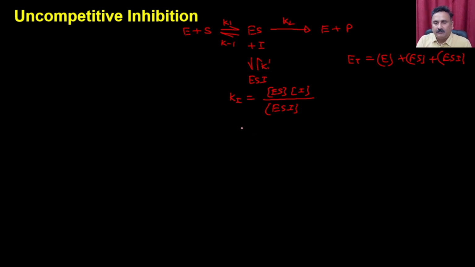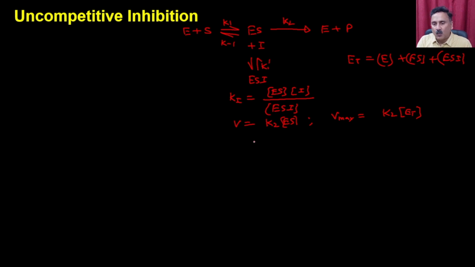Okay, now V is going to be K2 ES, and Vmax, this is the old thing, actually we are writing the same thing, right? K2 ET, when the enzyme substrate concentration is going to be total.